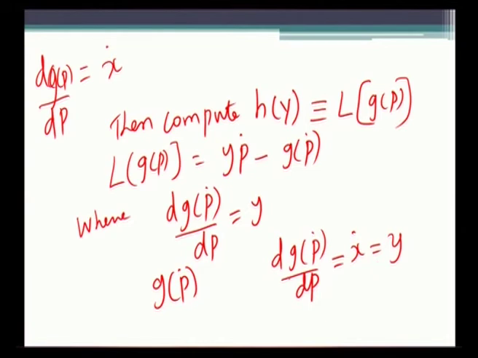From this we got that the originality of the function is retained. We got that g of p is derived, then we got y, which is the original function, and the inverse Legendre transformation retains the original function. That is the concept we learned from this inverse Legendre transformation.